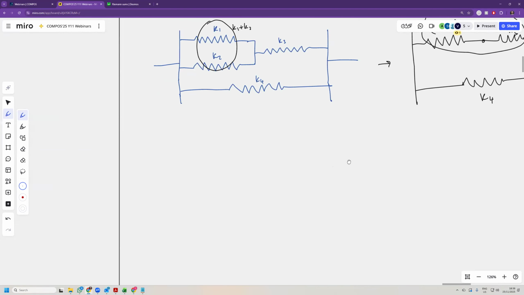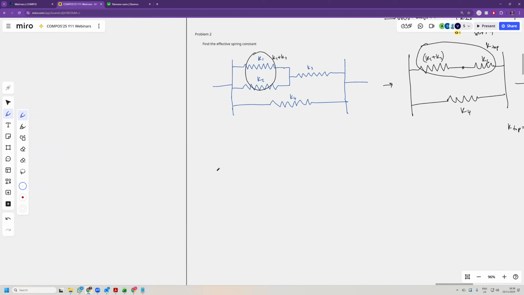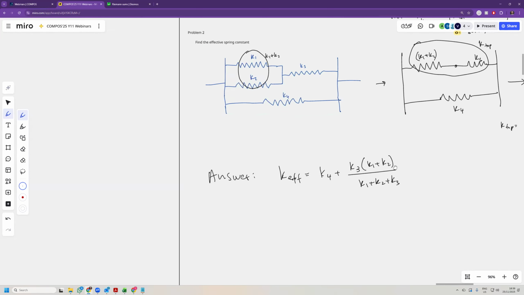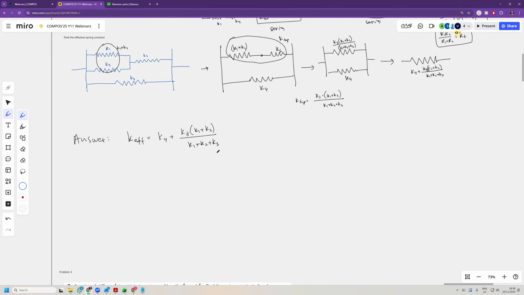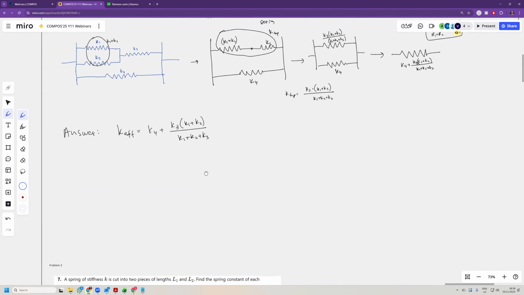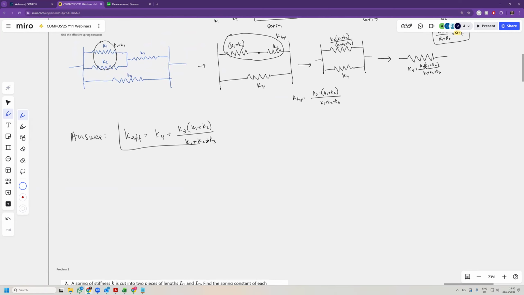So the answer, the effective spring constant is K4 plus K3 multiplied by K1 plus K2 divided by K1 plus K2 plus K3. You could put it into one fraction, but I honestly wouldn't, because that wouldn't make it easier in any way. That's it. That's the answer.